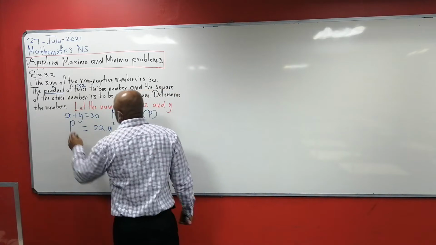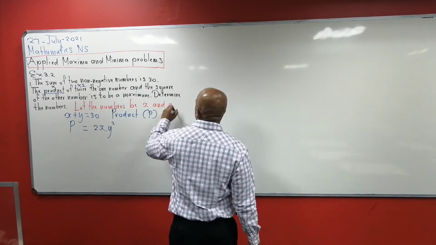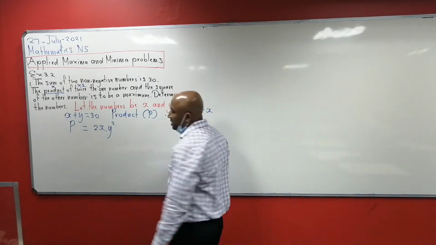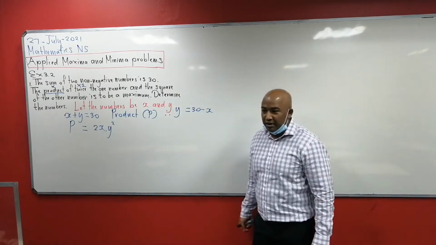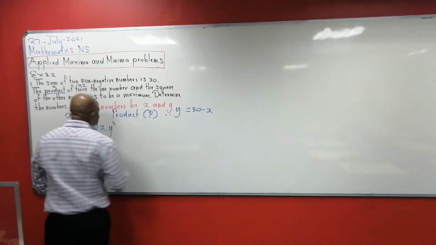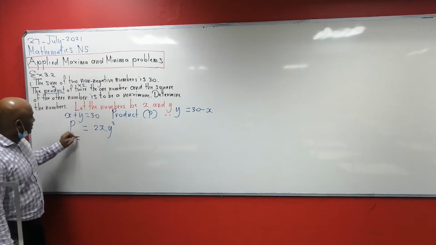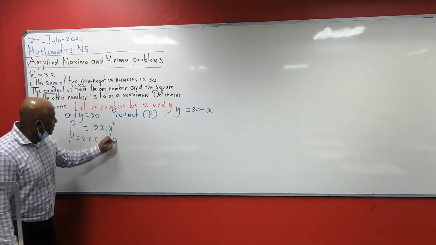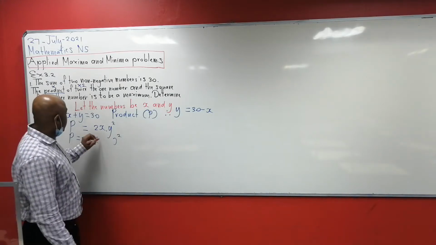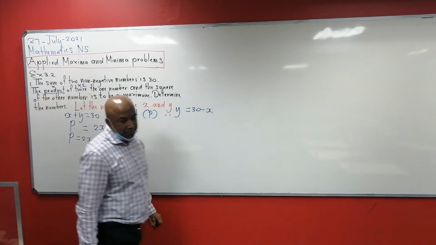If x plus y is equal to 30, therefore y is equal to 30 minus x, or x is equal to 30 minus y. It's up to you. If I choose to do this, then I'm replacing y with 30 minus x. So P is equal to 2x times (30 minus x) squared.